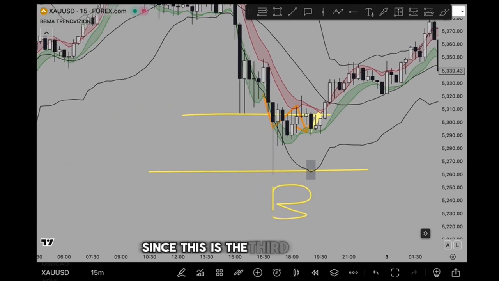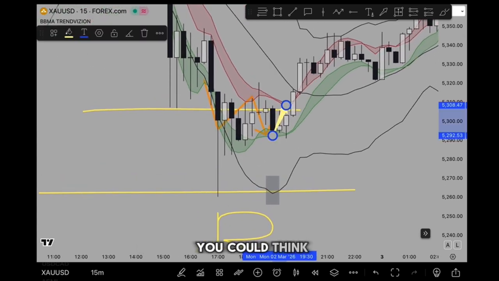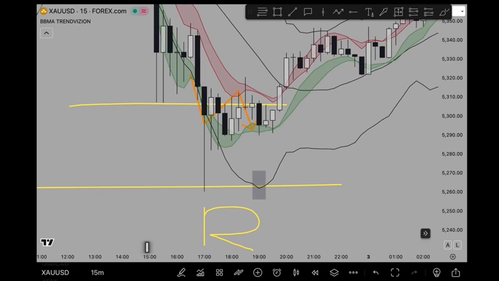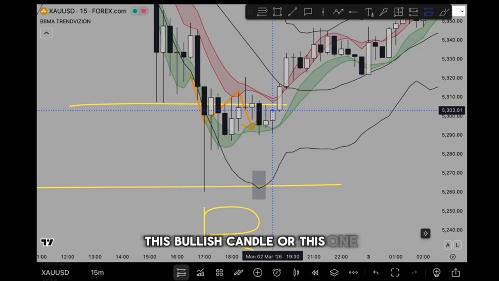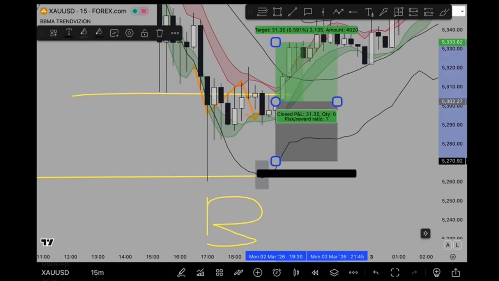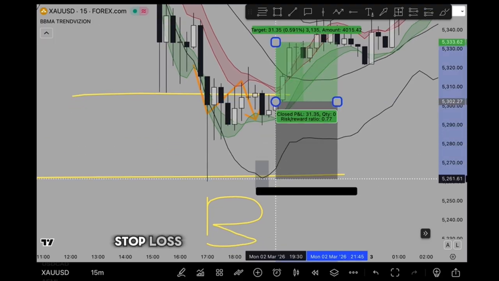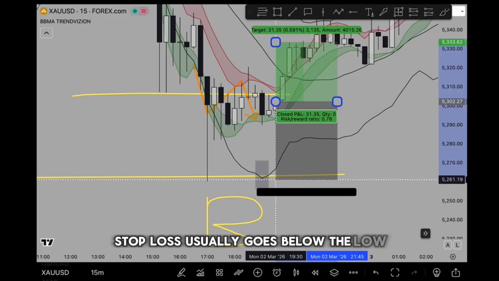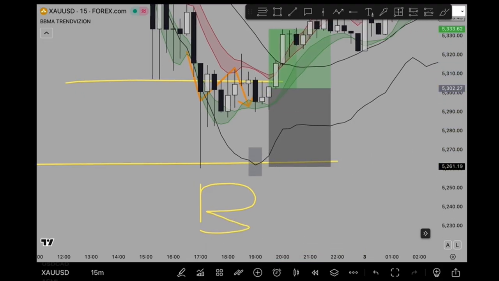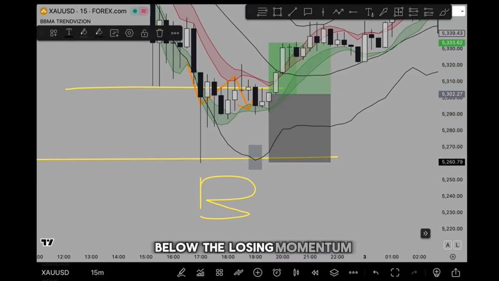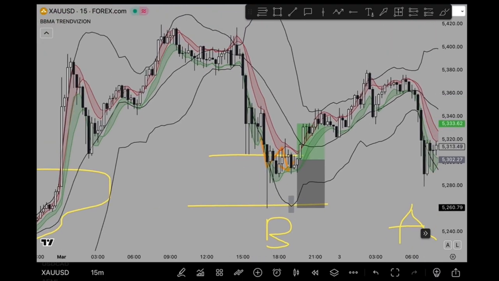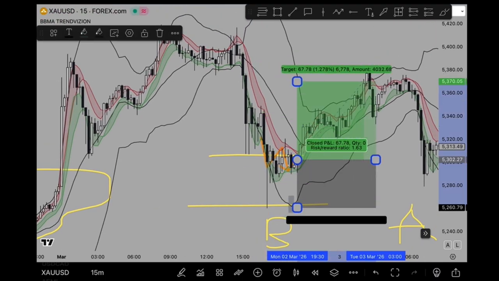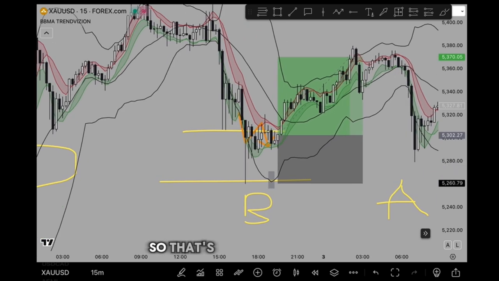So since this is the third time frame, you could think, okay, I take my entry at, for example, this bullish candle or this one, somewhere here. Stop loss usually goes below the low Bollinger Band, below the losing momentum, because that point is the hardest to break for price right now. And yeah, you get a move upwards. So that's one way to trade it.